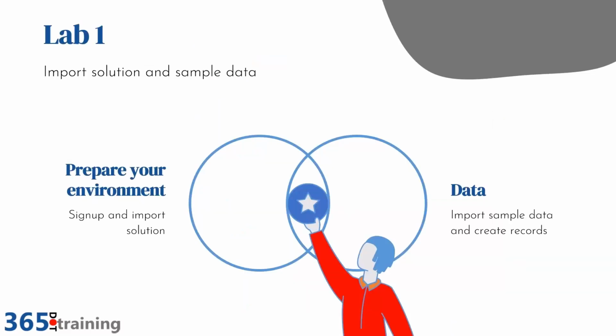So in that first lab, we're going to sign up, install the solution, import data, create some data records, and add some pet images. We'll give you some pet images to use if you'd like. Between you and me, it's my puppies, my dogs, or you can use your own. If you happen to be here after taking our Zero to Model course, this is going to be very familiar to you, and it's a really similar solution, but probably just a little bit different.